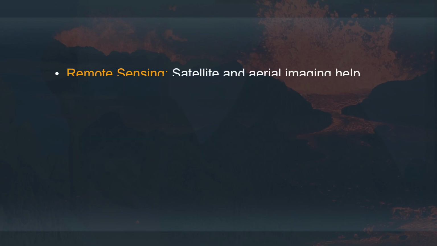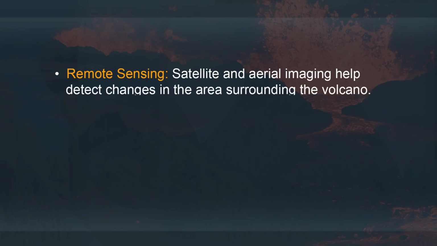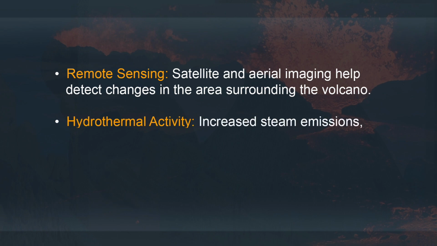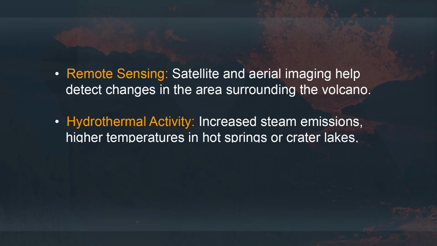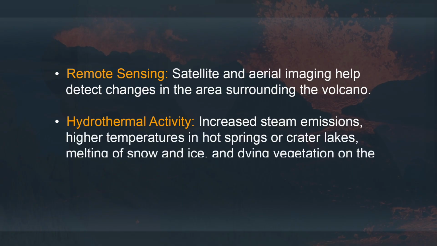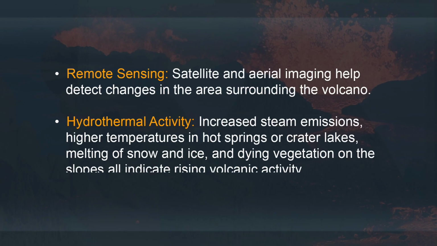Obviously, the remote sensing and the satellite and aerial imaging help detect the changes in the area surrounding the volcano. The next is hydrothermal activity. Increased steam emissions, higher temperatures in hot springs or crater lakes, melting of snow and ice, and dying vegetation on the slopes all indicate rising volcanic activity.